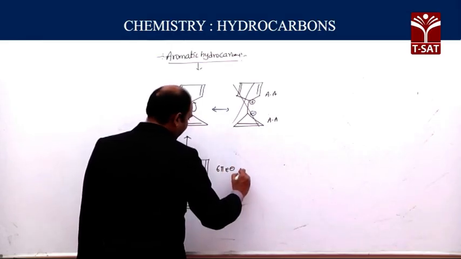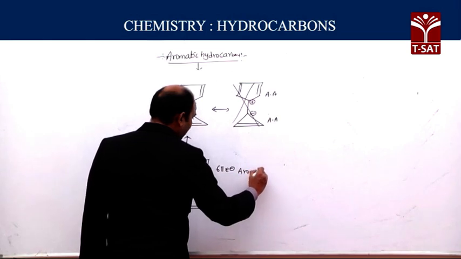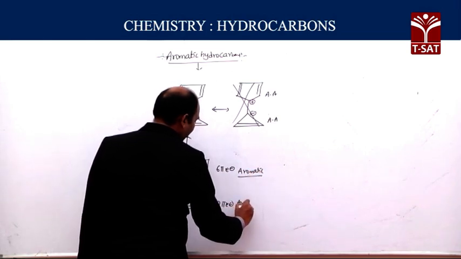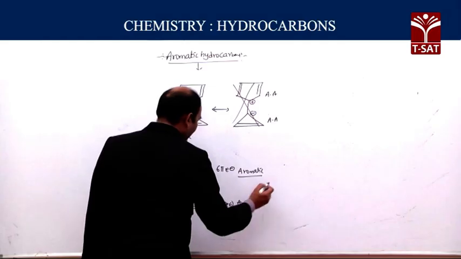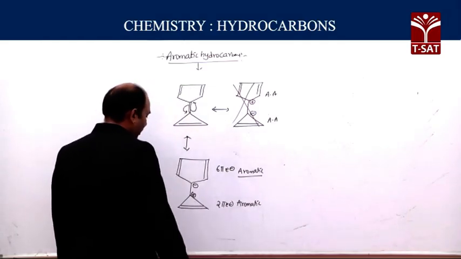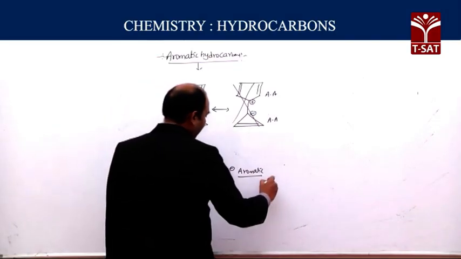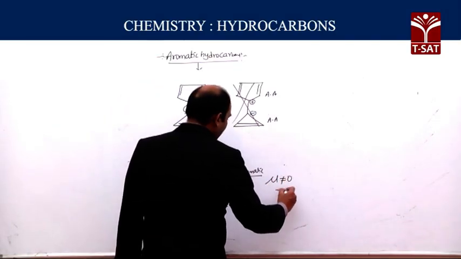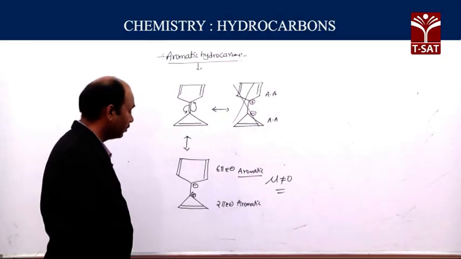That means this is aromatic and this is also aromatic. So overall it is an aromatic compound, and it is more stable. Since it has charges, mu is not equal to 0.